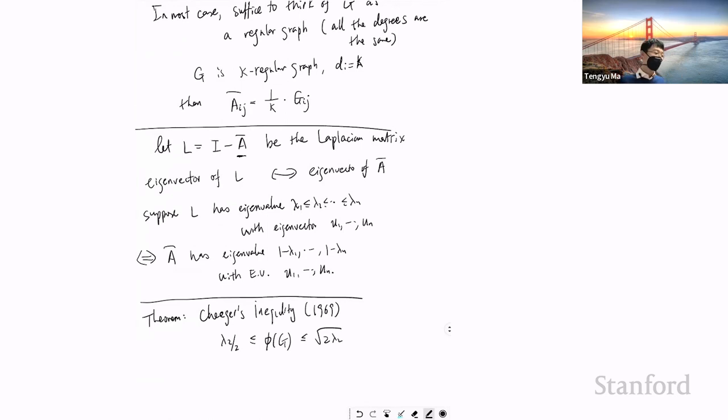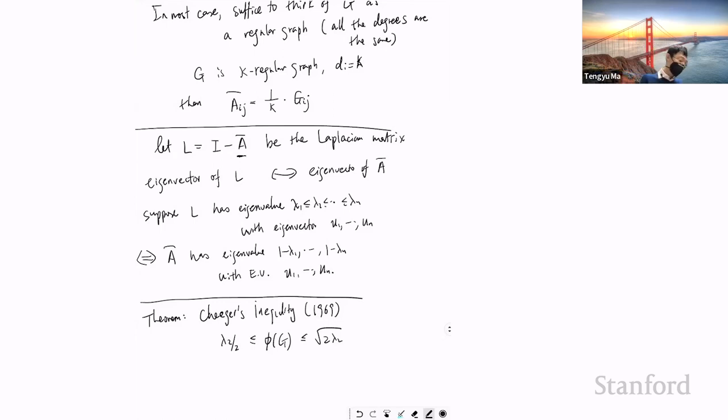The sparsest cut is a very combinatorial thing. If you really want to find the sparsest cut, you probably want to enumerate all the possible cuts. At least the definition requires that, it's a combinatorial thing. But this inequality is saying that somehow the sparsest cut value has a lot to do with the eigenvalues of the Laplacian or the adjacency matrix. In particular, it's very close to the second eigenvalue of the Laplacian matrix.